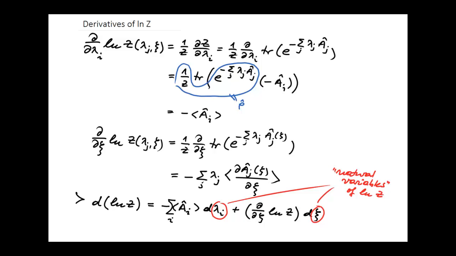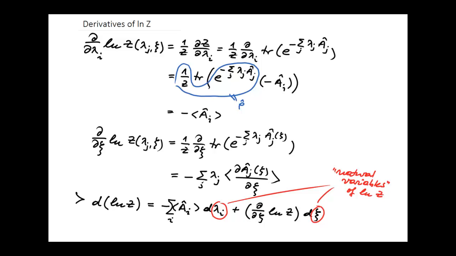This we had known before. The way the partition function was defined, it's a function of the lambdas and psi, but you also recognize that, of course, when you write down the total differential of the log of the partition function, it's a linear combination of d lambda and d psi. So these are the natural variables of log z.